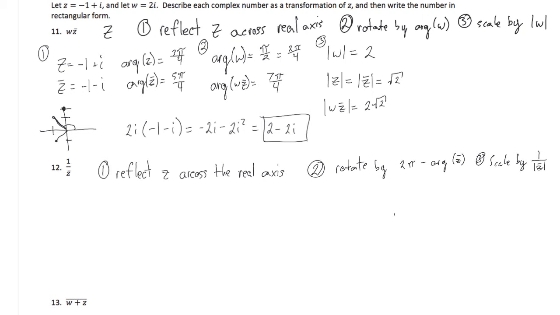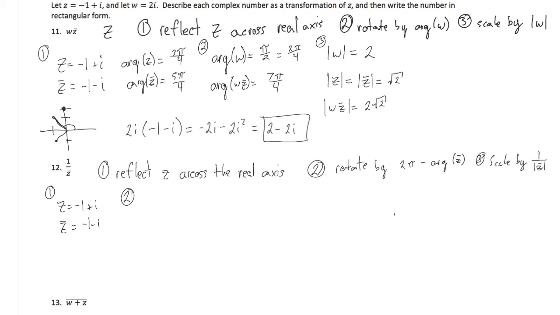So let's go ahead and do that. We have z equals -1 plus i. Z bar equals -1 minus i. Okay, perfect. And then that's 1. Two, rotate by 2 pi minus arg z bar.